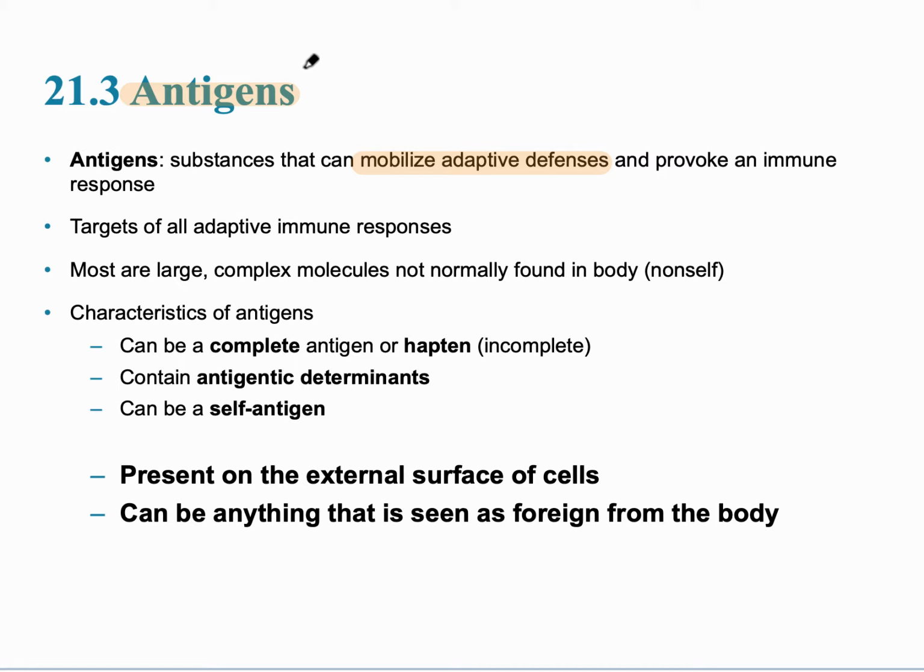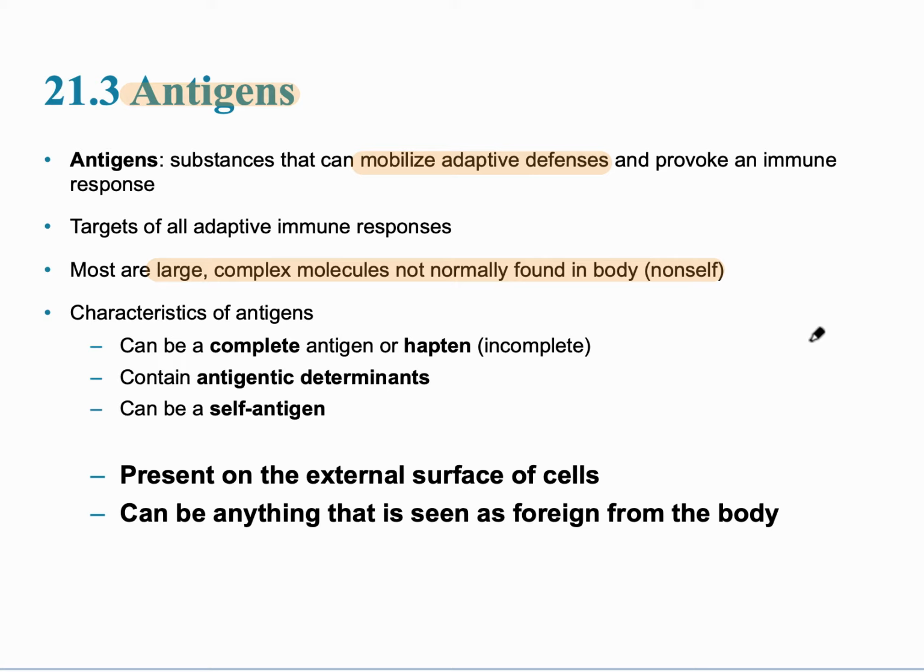So the word antigen means that it is an antibody generating substance. And the antigen determines which lymphocyte or cell is activated. Most antigens are large complex molecules that are not normally found in the body, so the immune system sees them as non-self or foreign.